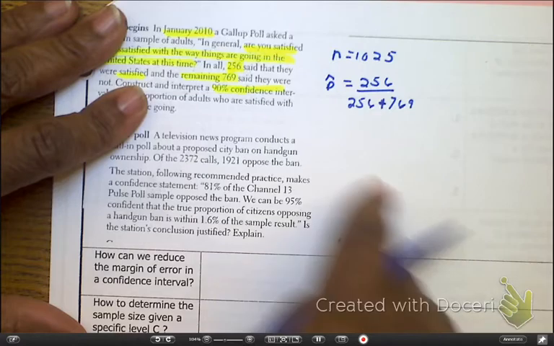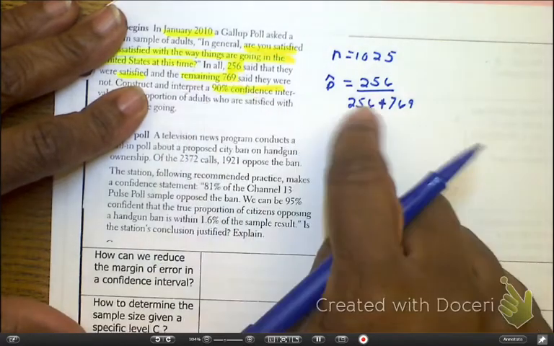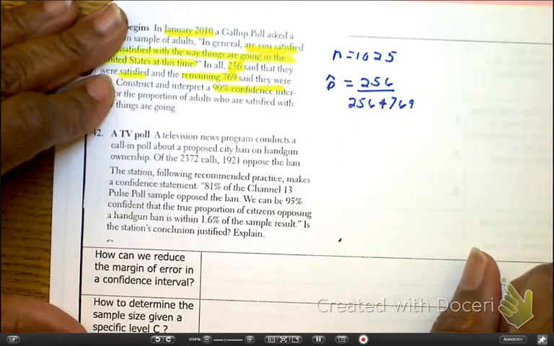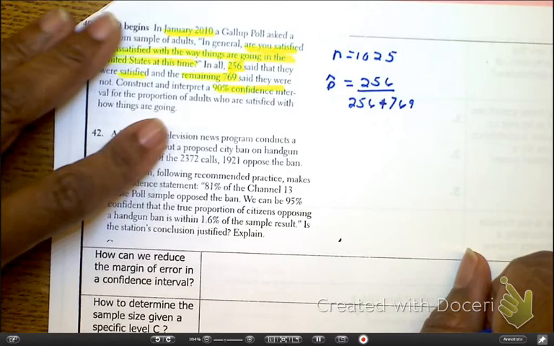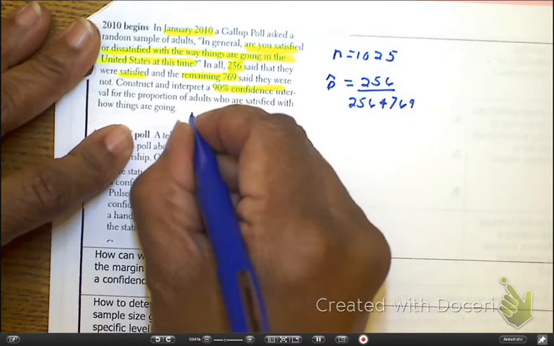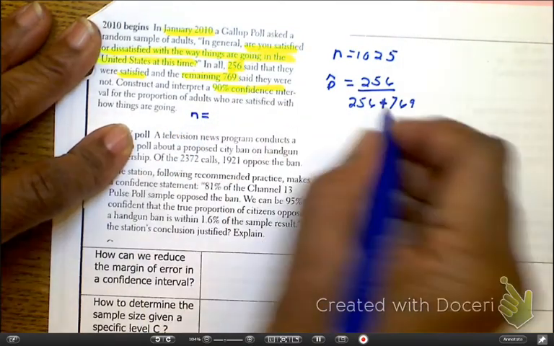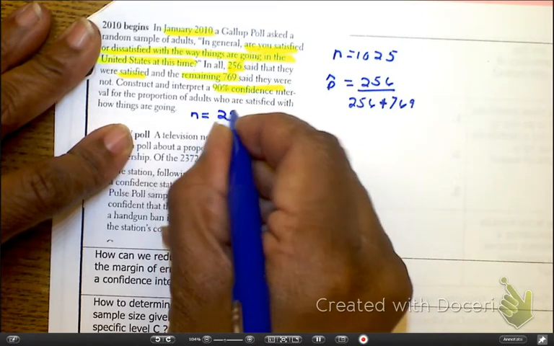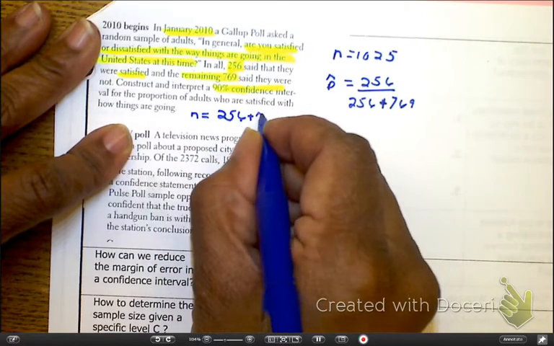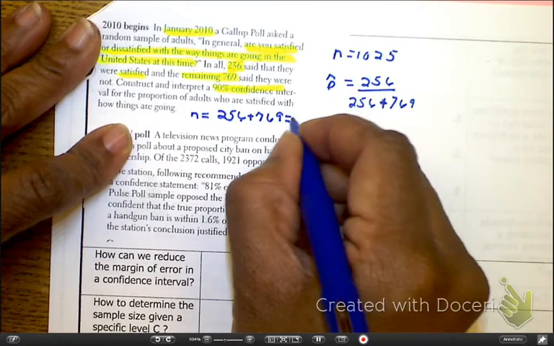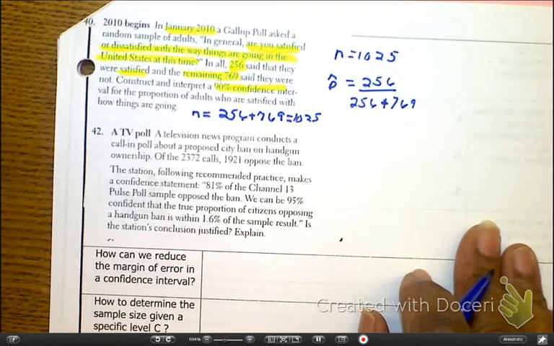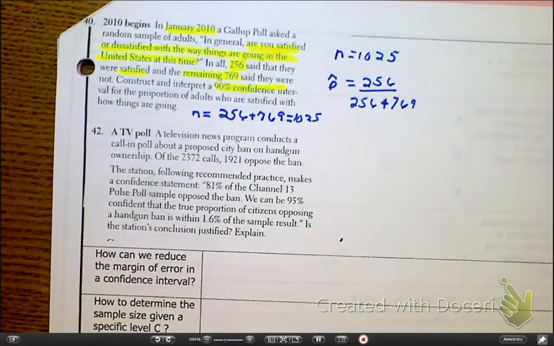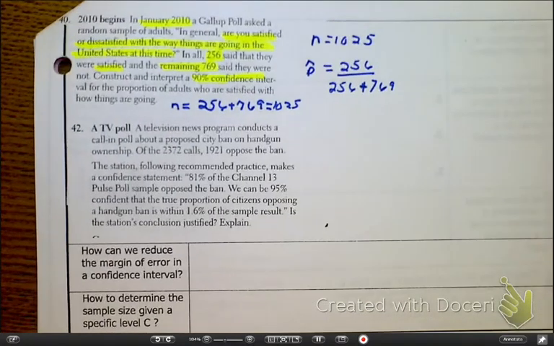They said the remaining 769, so we have to add that together. Now, we're about to start the 4-step process. Oh, I should have mentioned what n was. N, as we said, is the 256 plus the 769, which gives us the 1025. So now, let's start our 4-step process for this confidence interval.